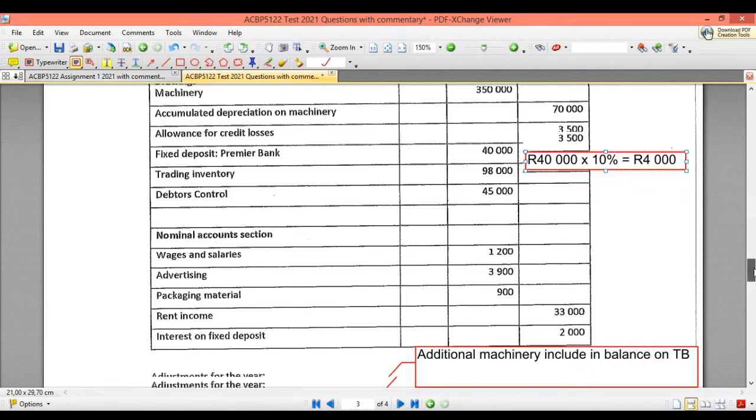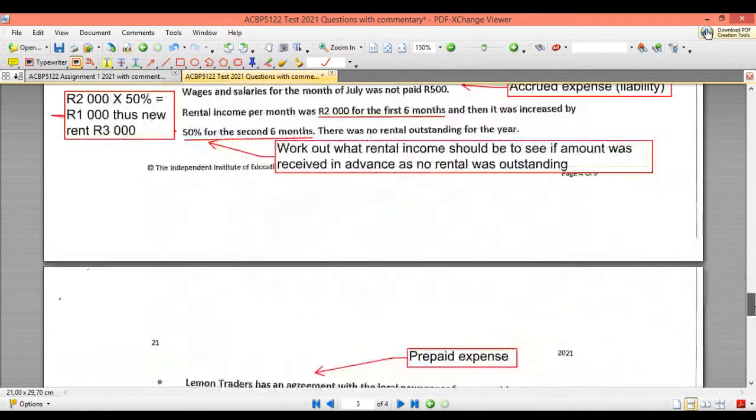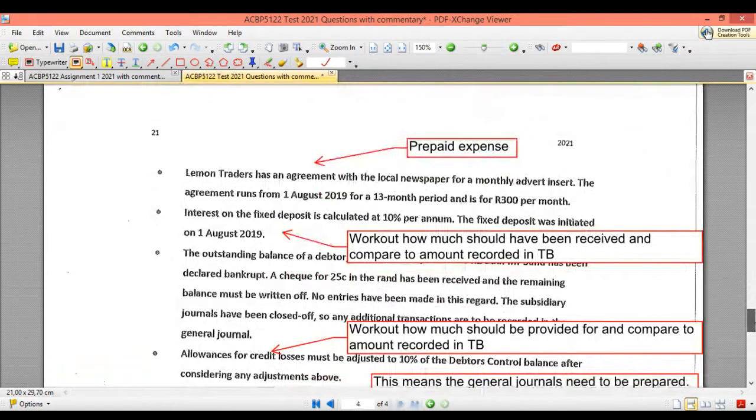Now let's quickly look at what do we currently have here. We currently only have 2,000, so that means we will have to add additional 2,000 to get to the correct interest amount. Now that means it has not been recorded on the bank side, so that would be your accrued income for your interest on fixed deposits.